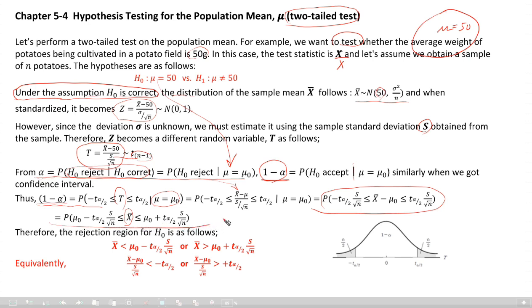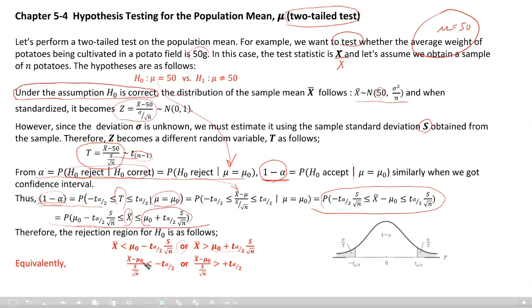Okay, it is simple. So what is alpha then? Alpha is the other area of x bar. The other area of x bar is what? x bar less than mu 0 minus t alpha over 2 times s over square root n, or x bar greater than this value, right?